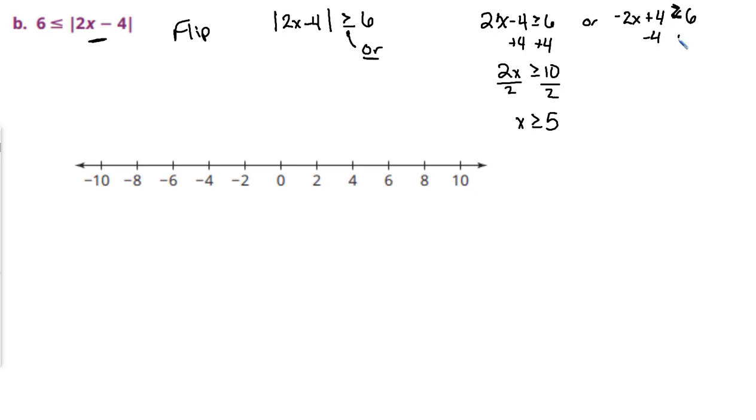We subtract the 4, we get 2, negative 2x is greater than or equal to 2. Divide both sides by negative 2. When we do that, it flips the inequality symbol.